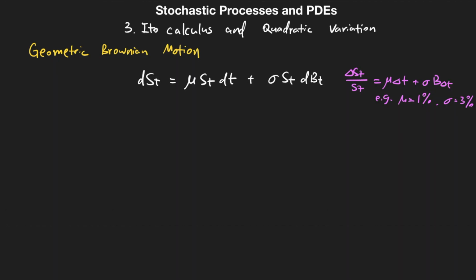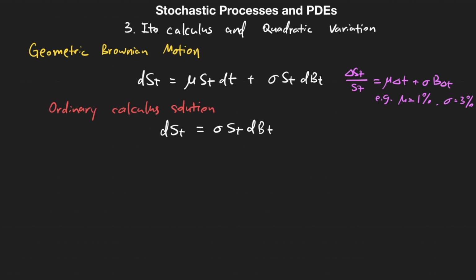So now let's pretend we can solve this problem with ordinary calculus. And just to simplify this equation a little bit, let's ignore the drift term. Let's say that the differential equation is dS_t equals sigma times S_t times dB_t.